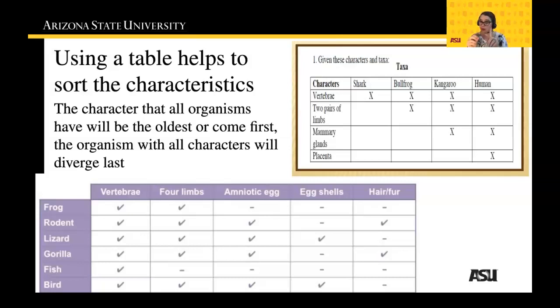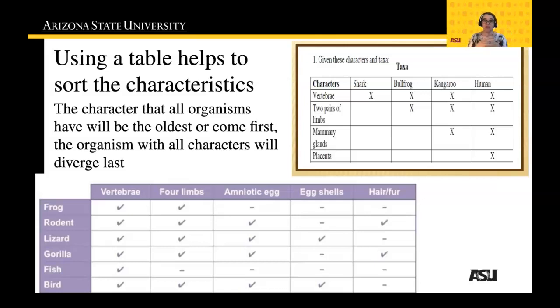So sharks only have 1 pair. Bullfrogs, kangaroos, and humans each have 2 pairs. Mammary glands, well, only kangaroos and humans. Placental, well, kangaroos are not placental, they're marsupial, so only humans. So now we could see when we arrange our cladogram, the thing with the least would be the most ancestral, the thing with the most would be the most modern.